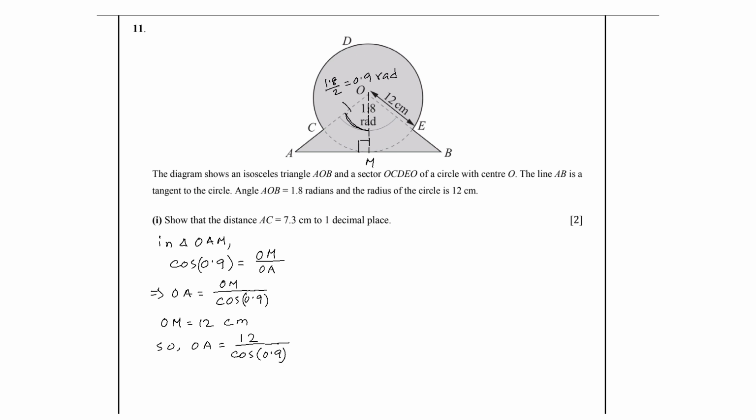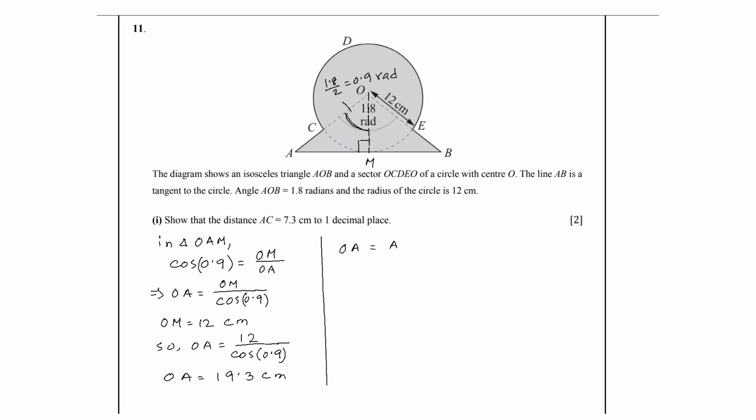Now let's use the calculator. We have to make sure that our calculator is in radian mode, and using the calculator we get the value of OA is 19.3 centimeter up to 1 decimal place. But OA is AC plus CO. So let's write this relationship.